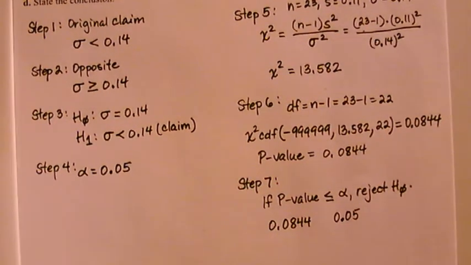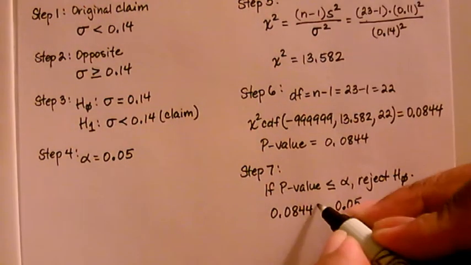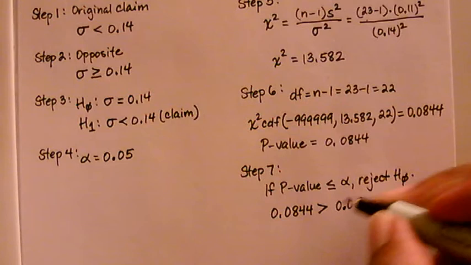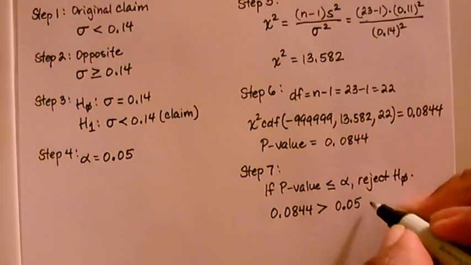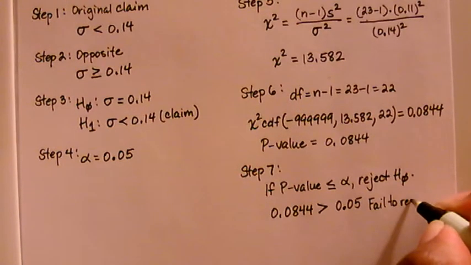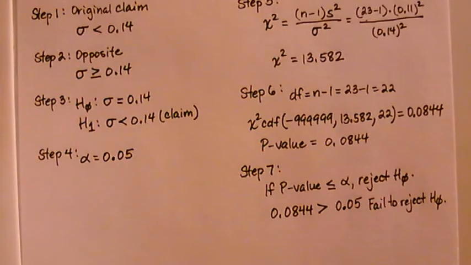And by comparing those two, you can see that 0.0844 is greater than 0.05. And because of that, this does not satisfy our decision rule, so that means we must fail to reject the null hypothesis. Fail to reject the null hypothesis.